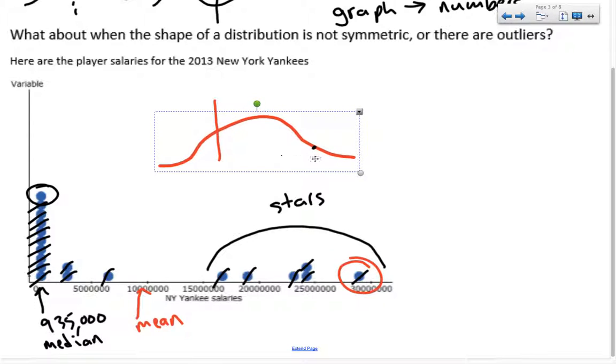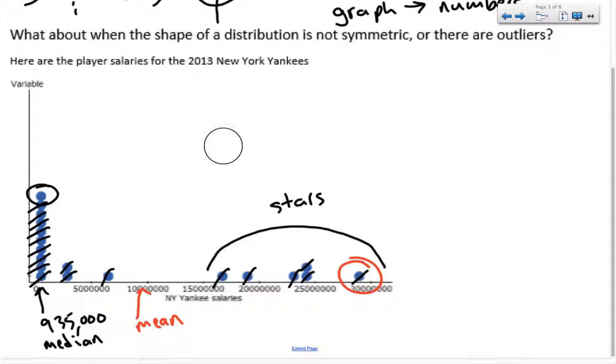And as you can see, the median stayed the same, but the data kind of stretched over here. And so that's what would happen: the mean always follows the outliers. If the outlier were on this side, then the mean is going to be closer over here, which is what gives it that unsymmetric look.